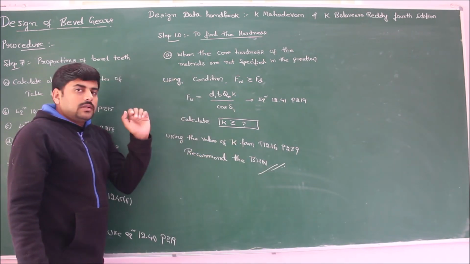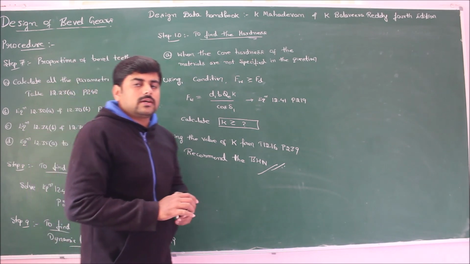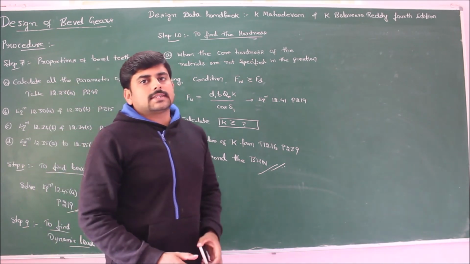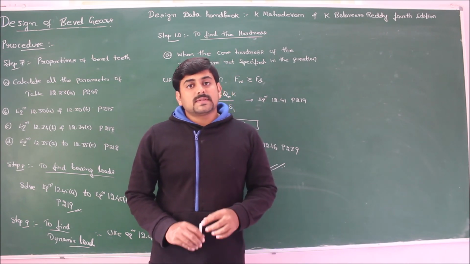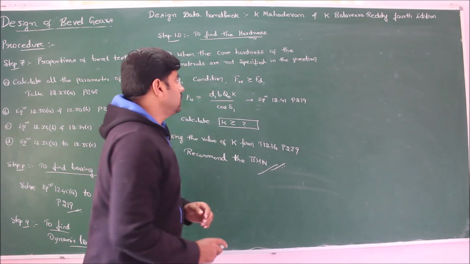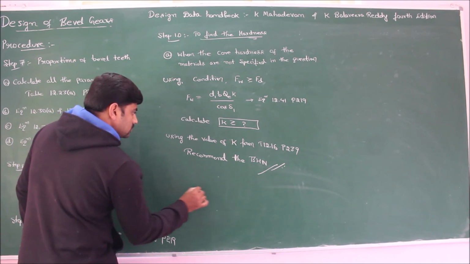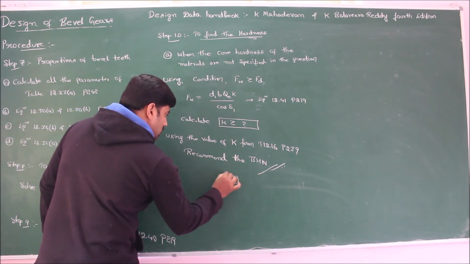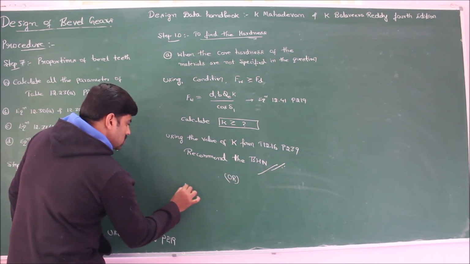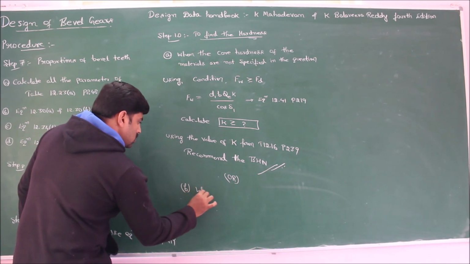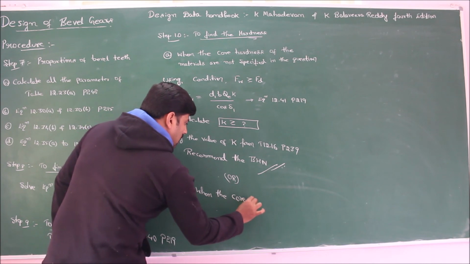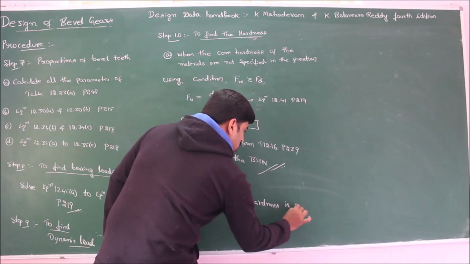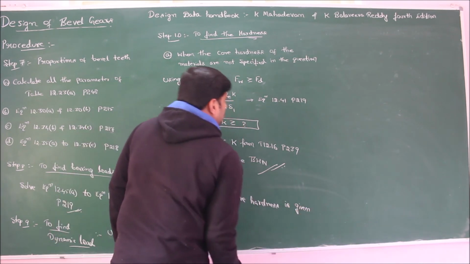This is the usual procedure which we have employed in the design of spur gear as well as in the design of helical gear. If the core hardness is specified in the question itself, then the case B is when the core hardness is given.